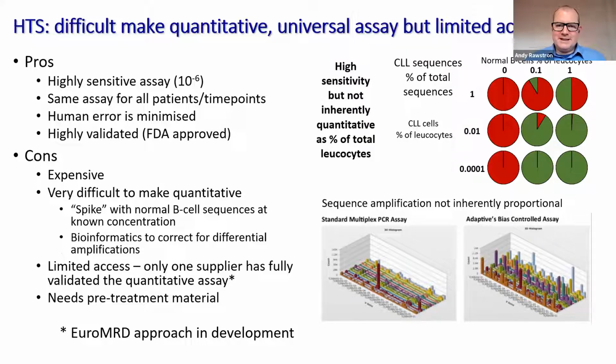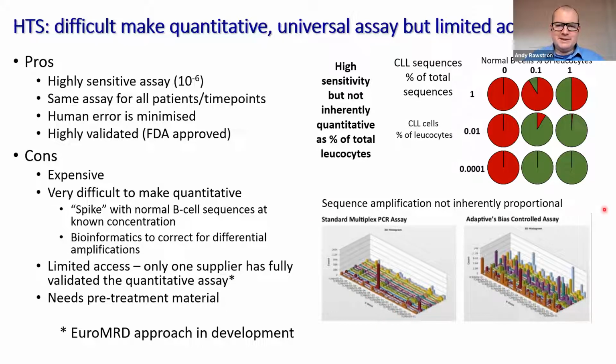You only start to get an understanding of how much disease there is if you either know exactly how many total B cells there are, or you spike in some sort of reference template that gives you a number of normal sequences as a reference. And then the second issue is that not all sequences amplify the same.